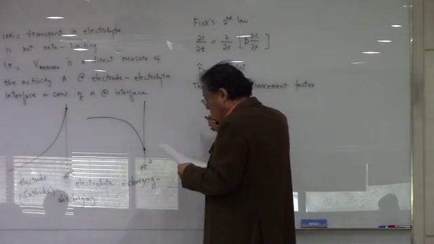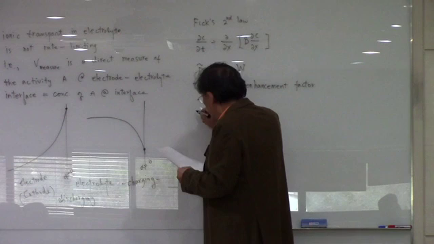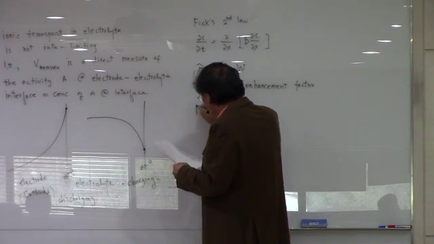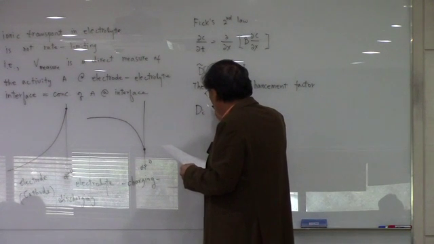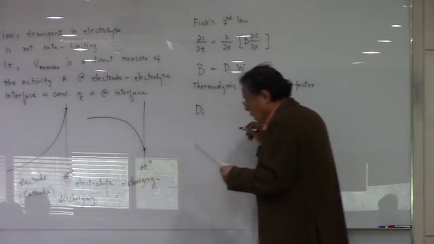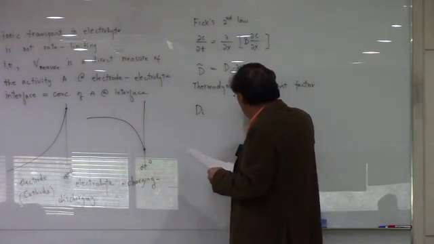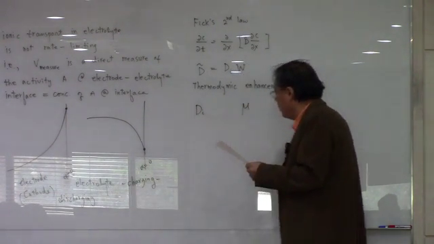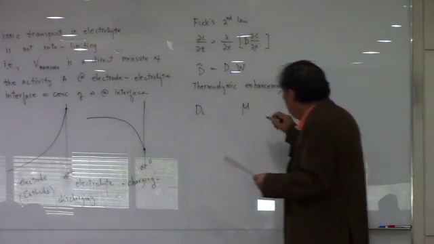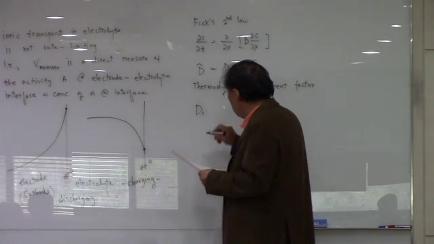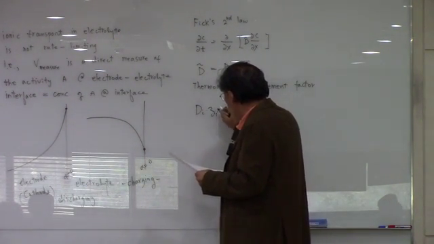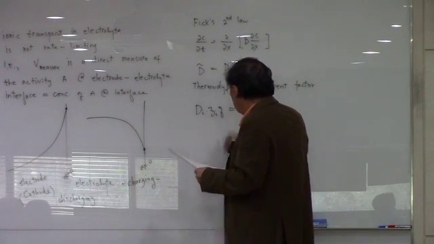Another important one is the Einstein relations, the relationship between the self-diffusion coefficient and the mobility: mobility times kT and diffusion coefficient times ZIQ should be equal.